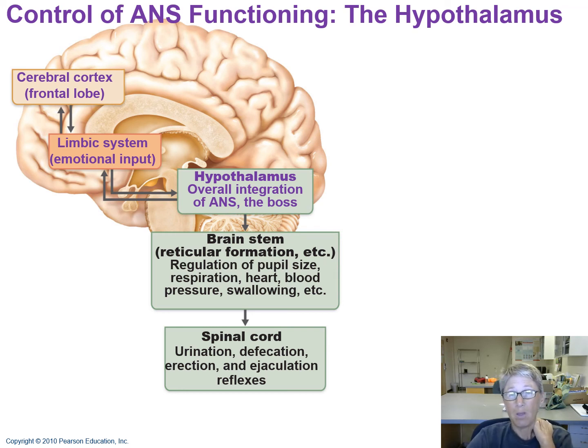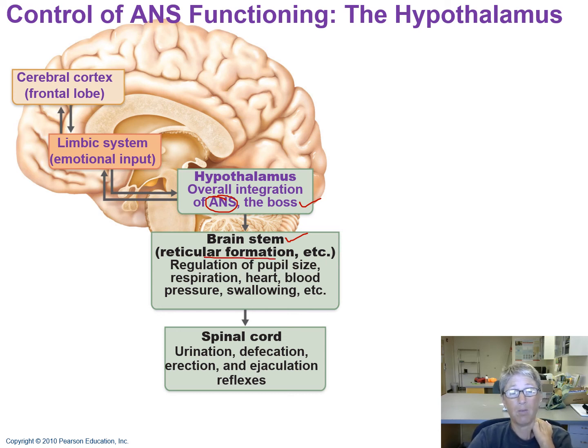The hypothalamus is really important in control of autonomic nervous system functioning. So let's take a look. Here's the hypothalamus, the overall integration of the autonomic nervous system. The hypothalamus is the boss of the autonomic nervous system. It communicates with the brain stem, that's the midbrain, pons, and medulla, and also the reticular formation.